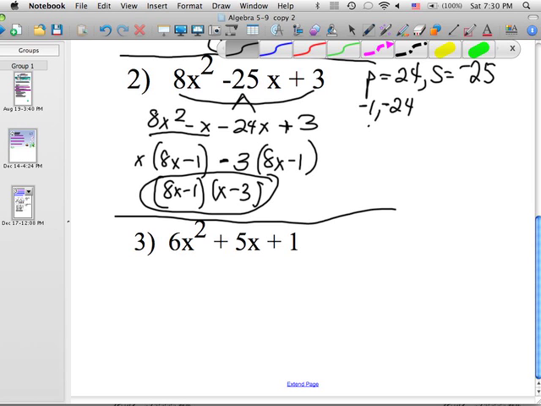And the last example, the product is 6 times 1, which is 6. The sum is 5. 1 and 6 will not work. 3 and 2 will work. We get a positive 6 when we multiply, and when we add them together we get 5. So we're going to split the middle: 6x squared, and it doesn't really matter if I put 2x plus 3x or 3x plus 2x.